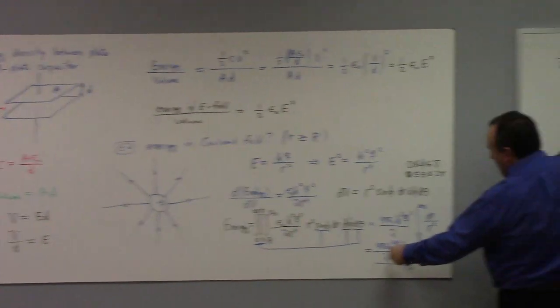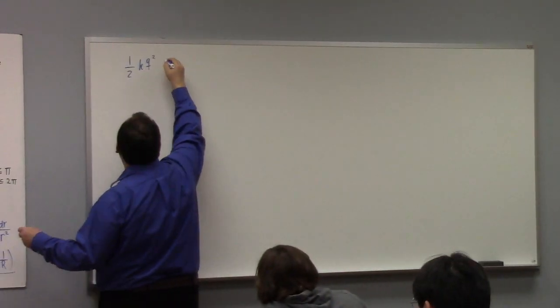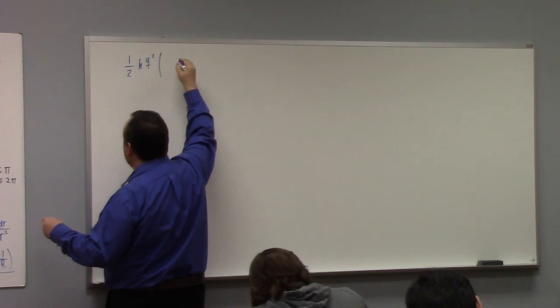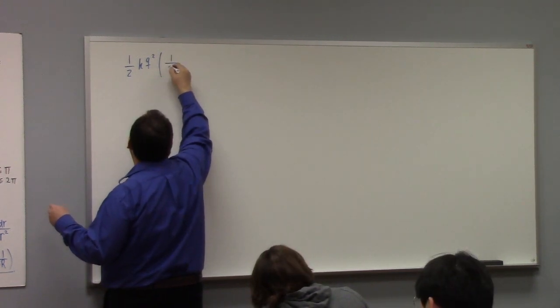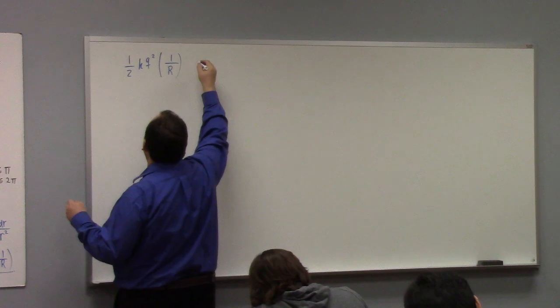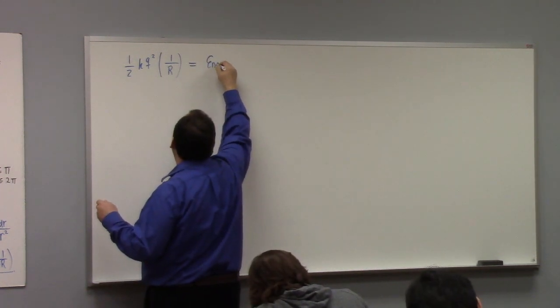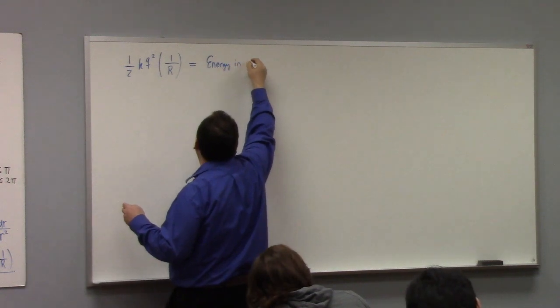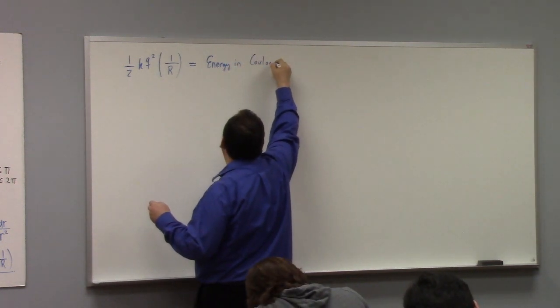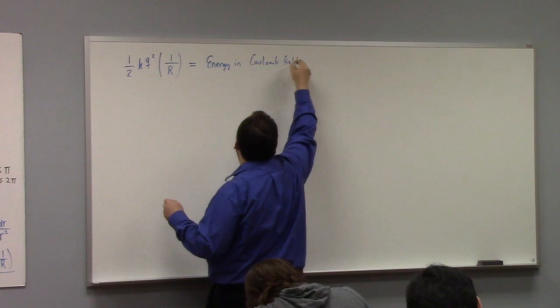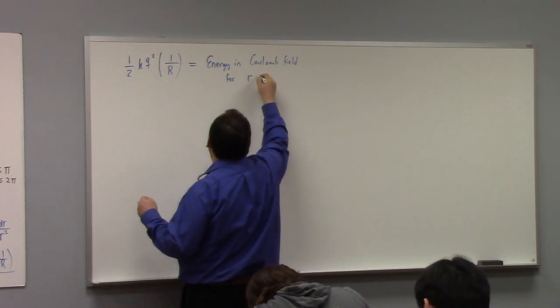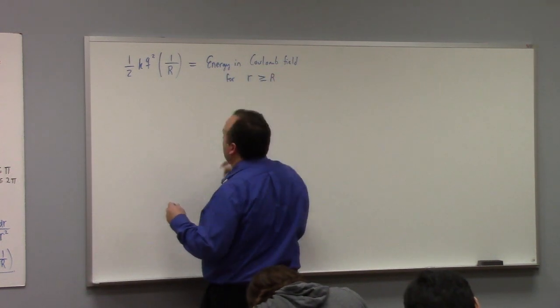I just get kq squared over 2 times 1 over r. And it's not too bad. So there you go. That's the energy in the Coulomb field for r greater than or equal to r.